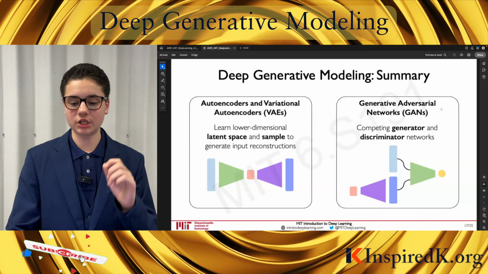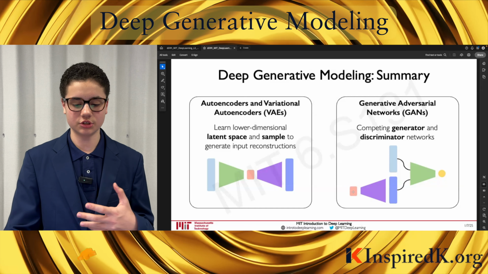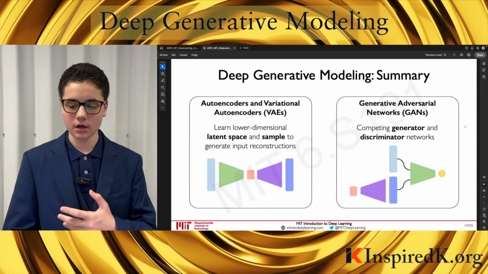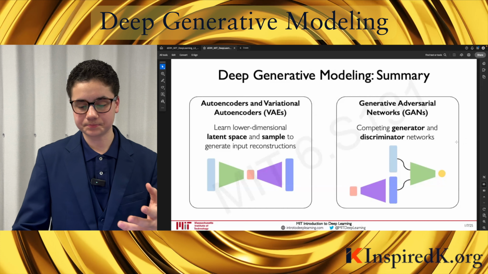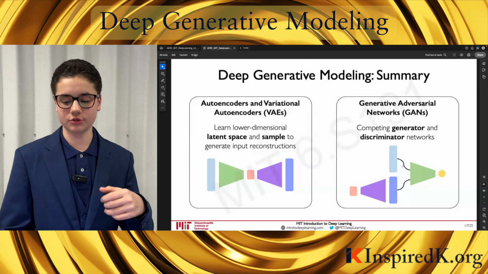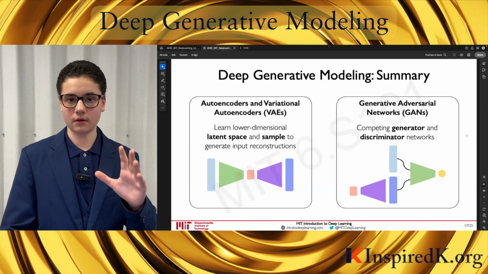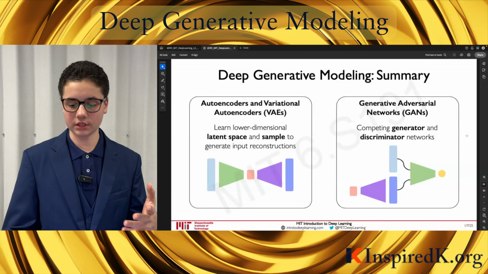Then we investigated generative adversarial networks, or GANs, which use a cat and mouse situation between the generator and discriminator, where the generator creates fake data, whereas the discriminator tells the difference between real data and fake data, in order to ensure that we have an accurate generator that can generate realistic samples.